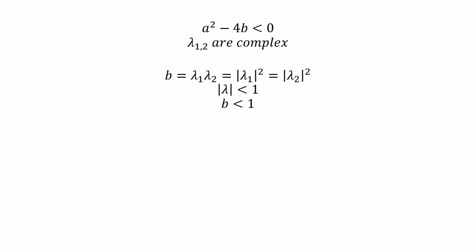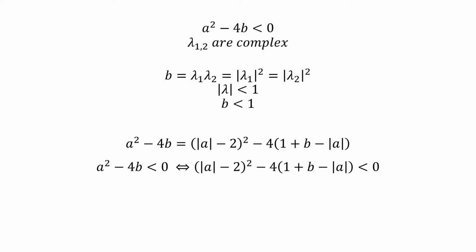Now, we consider the equality a squared minus 4b is equal to the modulus of a minus 2, all squared, minus 4 times 1 plus b minus the modulus of a, which can be expanded out to show that this equality holds. In the case of a squared minus 4b less than 0, the modulus of a minus 2 squared minus 4 times 1 plus b minus the modulus of a must also be less than 0.